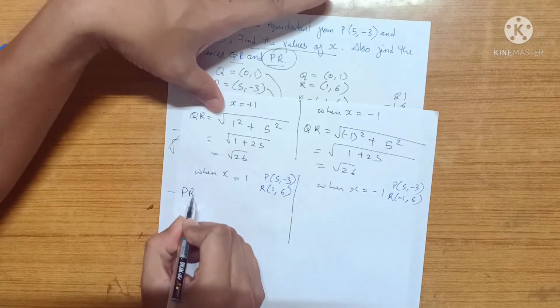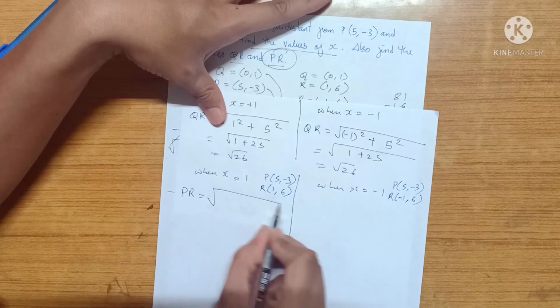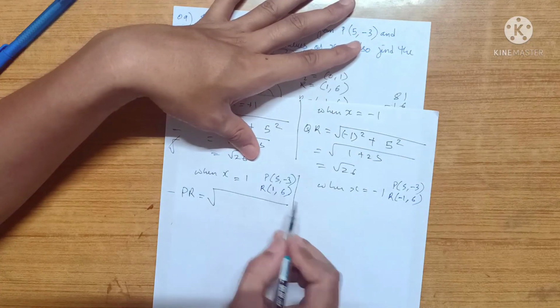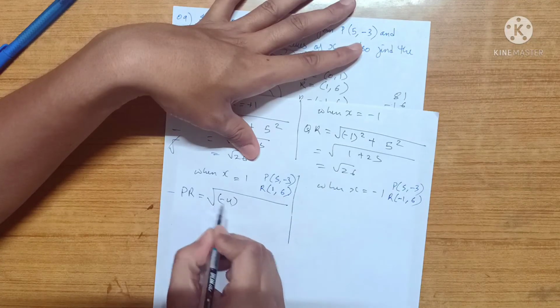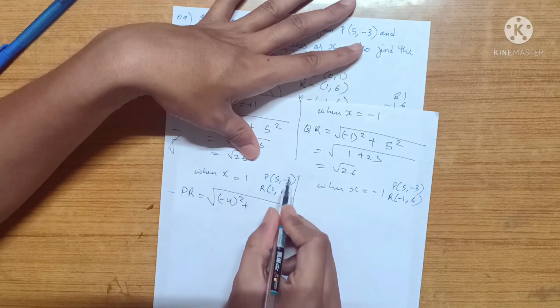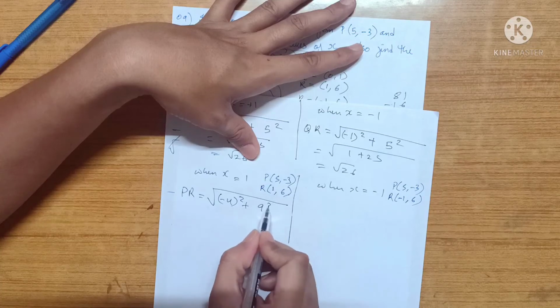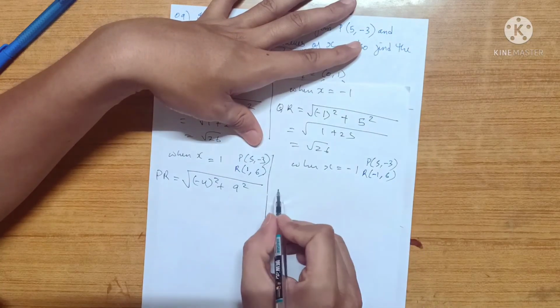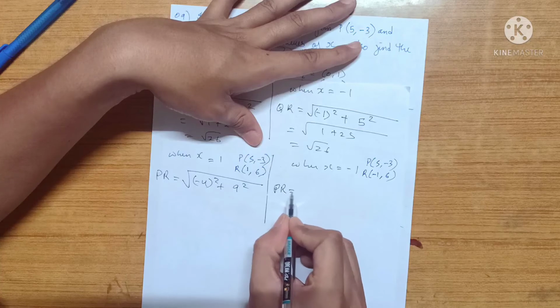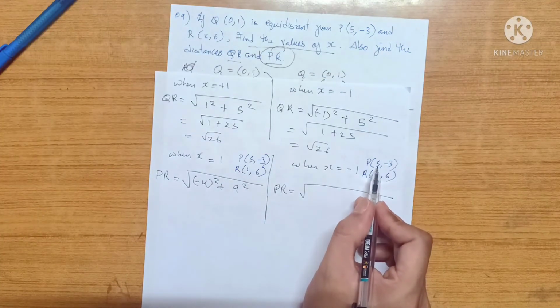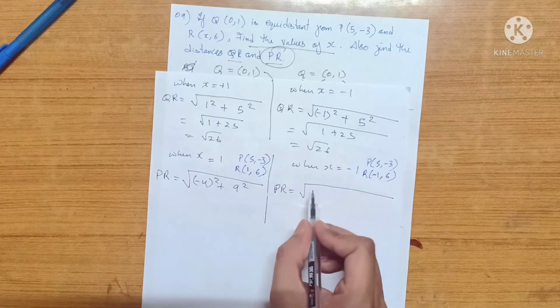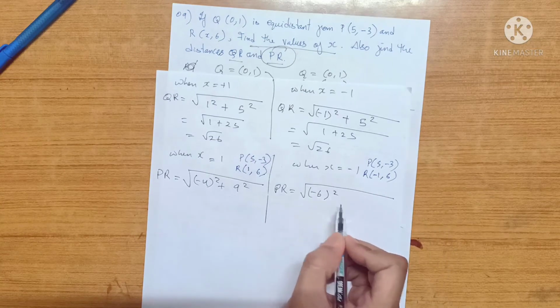PR equal to root over 5 minus, okay, 1 minus 5 is minus 4, so minus 4 square plus 6 minus minus 3 is plus 9 square. So here also PR equal to minus 1 minus 5 is minus 6 square.